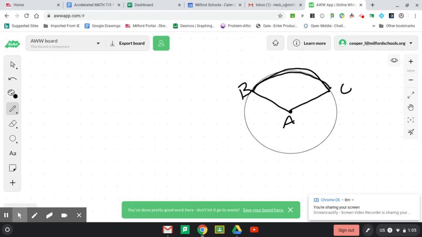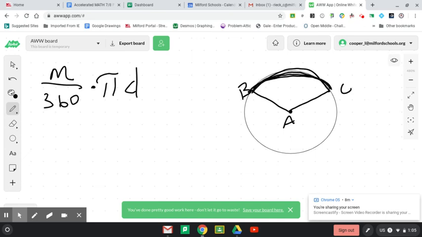So to find the length of the arc, we need to know this formula. The measure over 360 times pi times diameter. And that's how we will find the length, the distance of this arc.